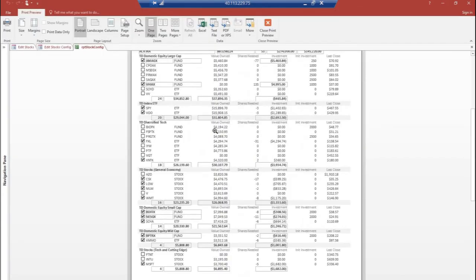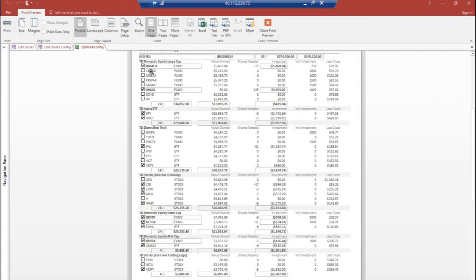This is going to show me here are all the things I'm doing. If it's checked off, that means I need to do something. Apparently, I don't like AMAGX, so I'm going to sell $5,000 worth of that, and I'm going to buy about $5,000 worth of VHIAX.